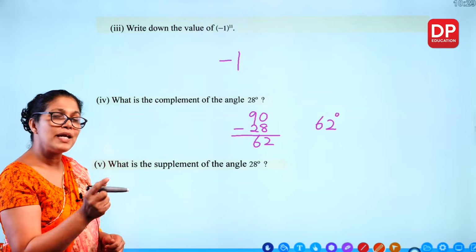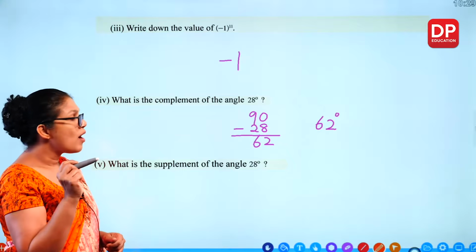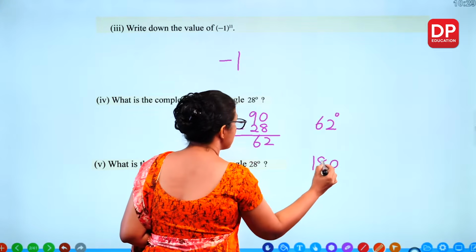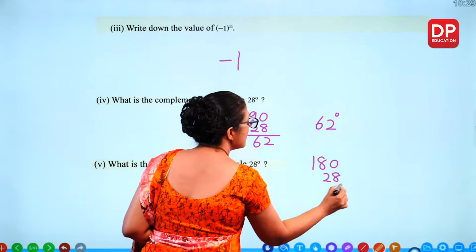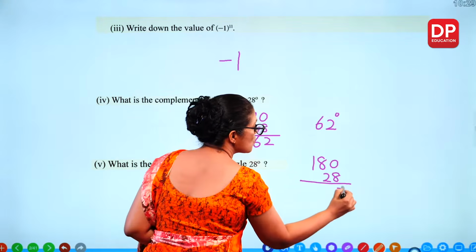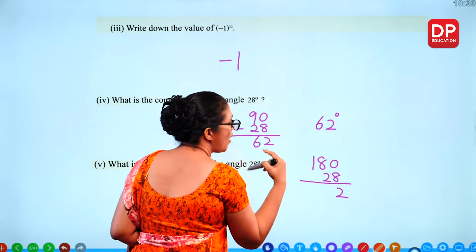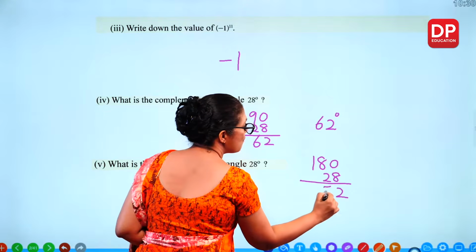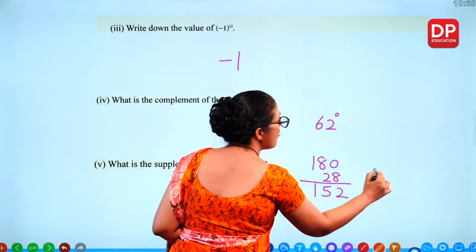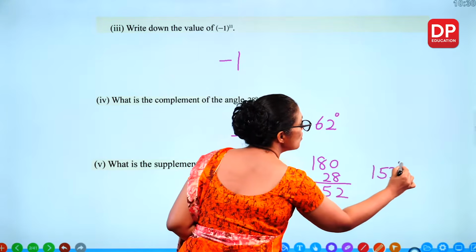What does supplement mean? Add up to 180. So how can you find the other angle? By subtracting this 28 from 180. So 8 plus 2, 10. 1 remaining. So 3, 5, 1. So you get 152 degrees.